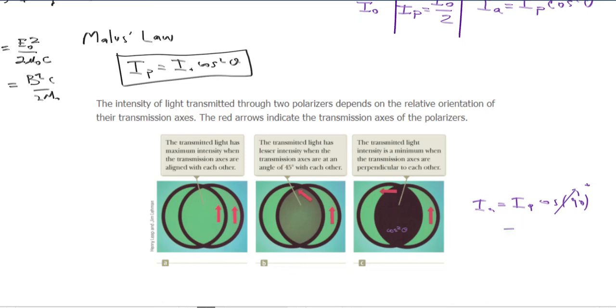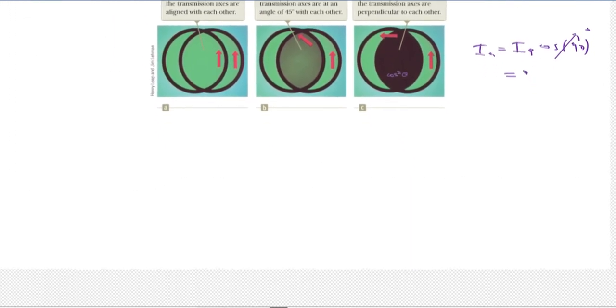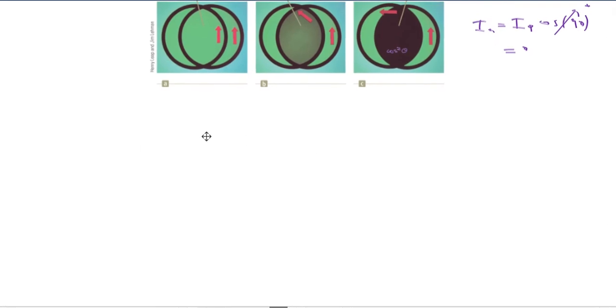So you have 0 intensity that's transmitted. I wanted to do one example before we close for today, actually a couple of examples. Imagine that I have unpolarized light with some intensity I_0, and it goes through a polarizing filter, and that polarizer has its axis at 0 degrees.